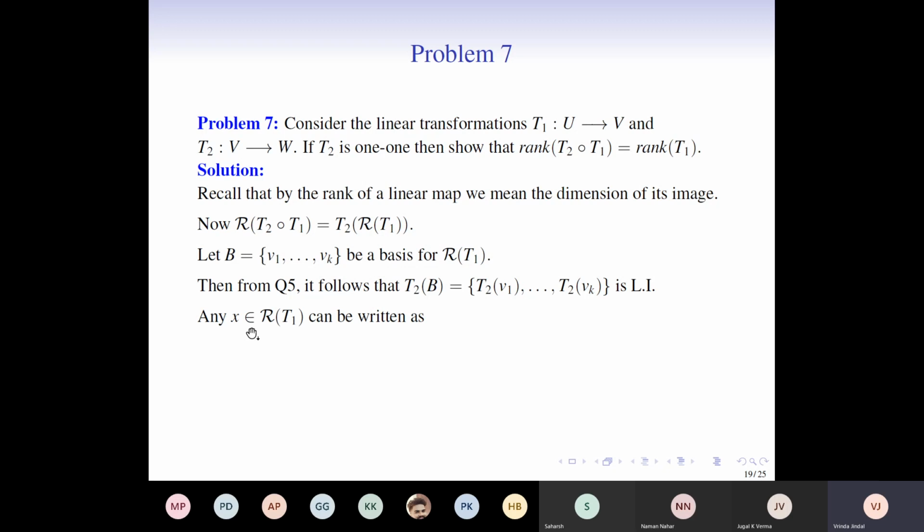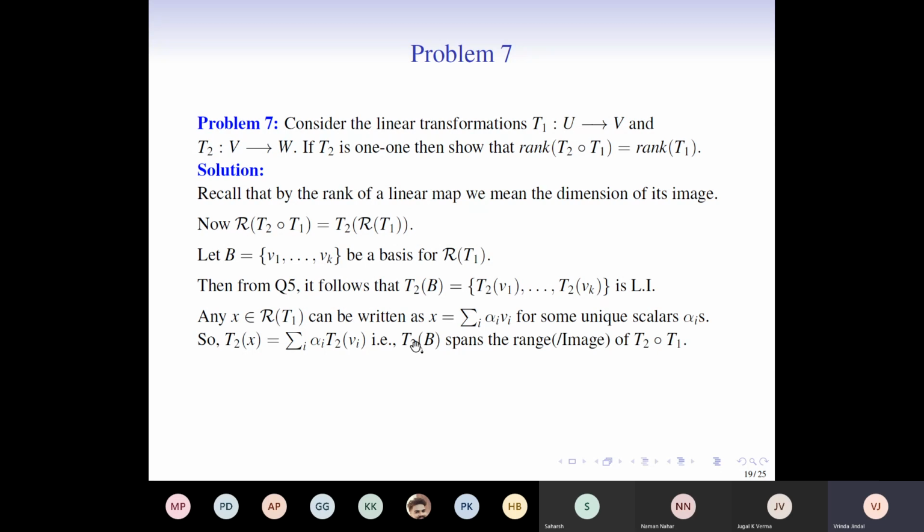For any x that belongs to range of T1, it can be written as a linear combination of the Vi's with some unique scalars alpha, because V1, V2 up to Vk form a basis of the range of T1. So T2 of x is basically this: you use the linearity of T2 and pull out the alphas to get this summation. So what does this mean?